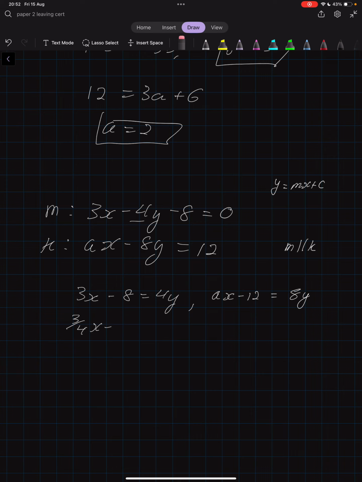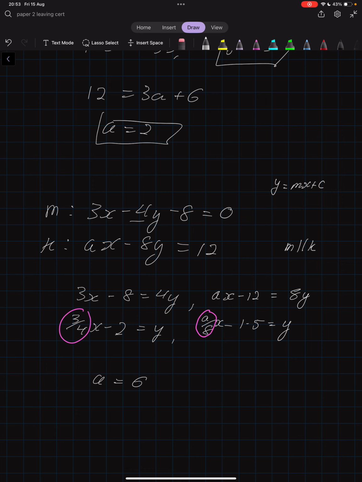It doesn't really matter because I'm not interested in what the 2 is. Equals y, and I also get that a over 8 x minus 1.5 equals y. So the slopes are the same, which means this has to be the same as this, and therefore a has to be 6, because 6 over 8 is the same thing as 3 over 4.